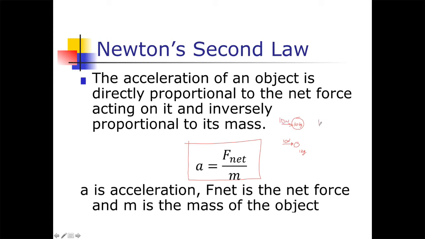This object will accelerate with 1 meter per second squared. This object will accelerate with 10 meters per second squared. If you apply the same amount of force on different masses, the lighter mass will accelerate faster. That's what it means.